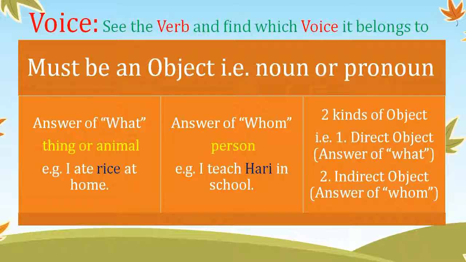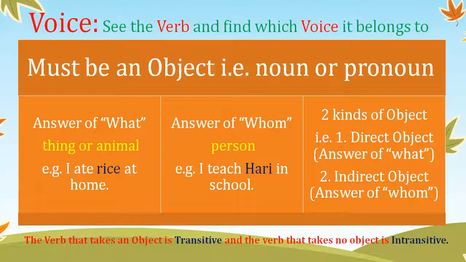One is the direct object. Direct object means the answer of what, thing or animal. Another is the indirect object, that is the answer of whom. So there are two types of object, direct and indirect. And I already said the verb must take an object, and then we can convert from active voice into passive voice. If there is no object, we cannot change into passive voice.